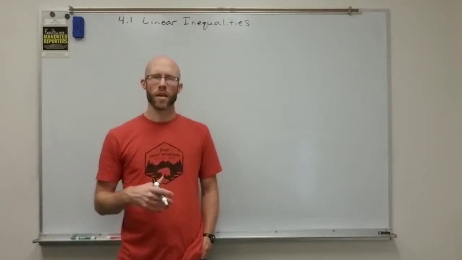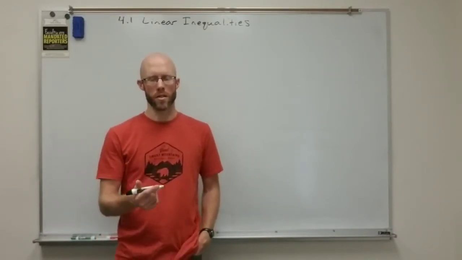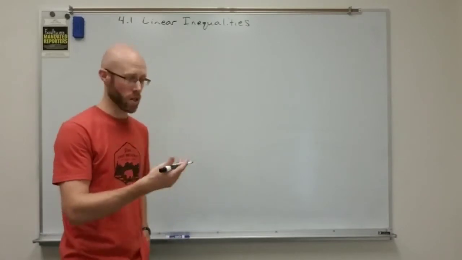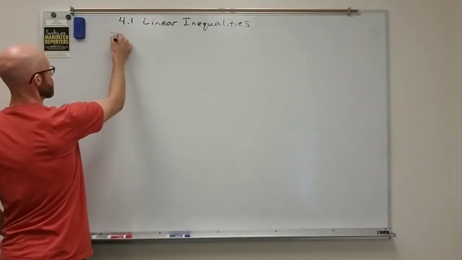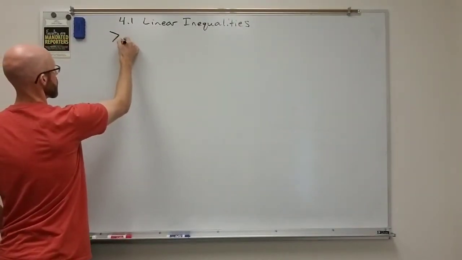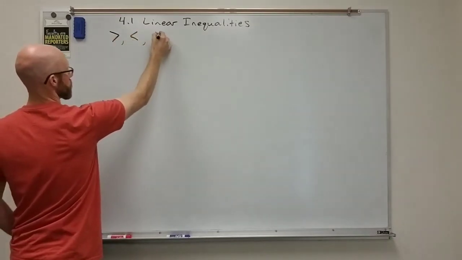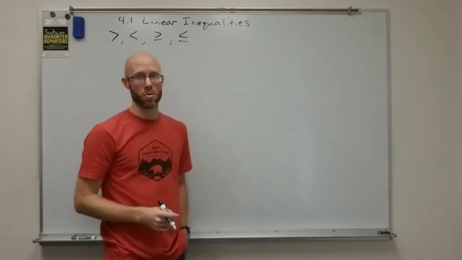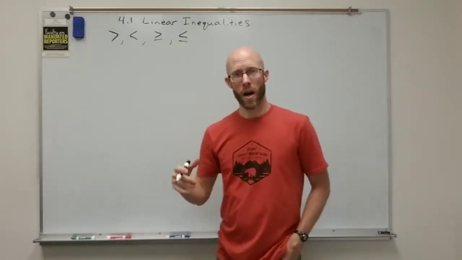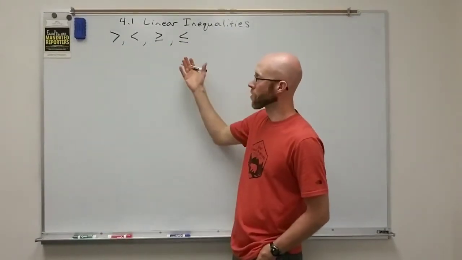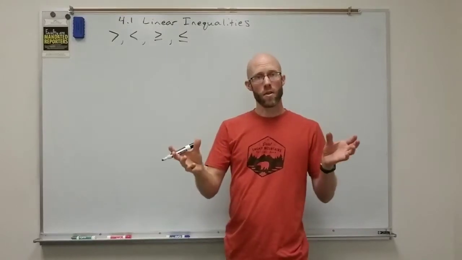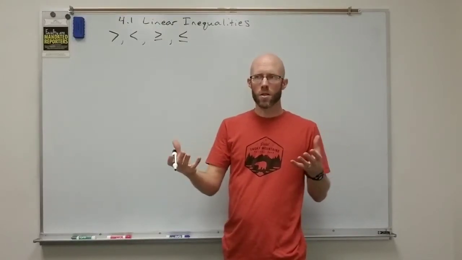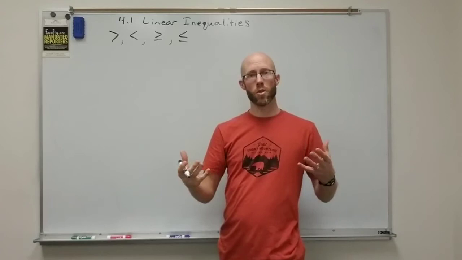But when you have a linear inequality, that's an expression that involves either a greater than or a less than or a greater than or equal to or a less than or equal to symbol. When you're including those four things and you're solving an inequality, you're basically doing the same stuff you would with an equation.